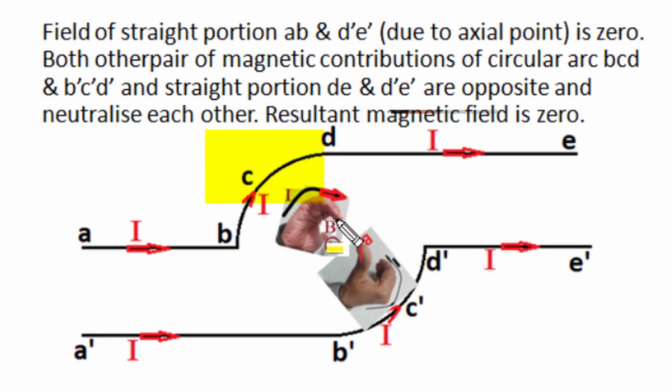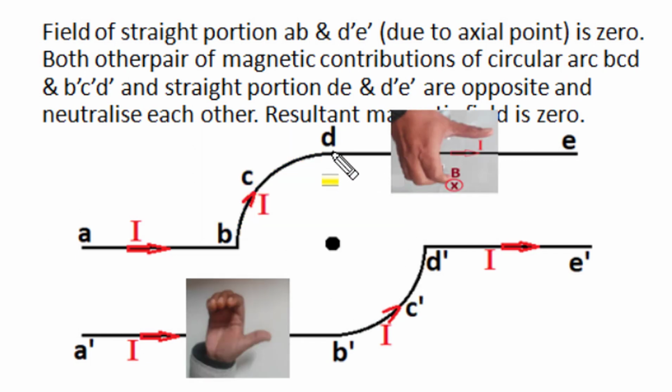Magnetic field of semicircle BCD section is perpendicular to plane inward, and of B dash, C dash, D dash is perpendicular to plane and upward. So two equal and opposite magnetic contributions will cancel each other. Similarly, magnetic field of straight section B, infinite length endpoint, mu 0 I upon 4 pi r, is vertically inward, as tip of curled finger indicates here when thumb is in the direction of current.